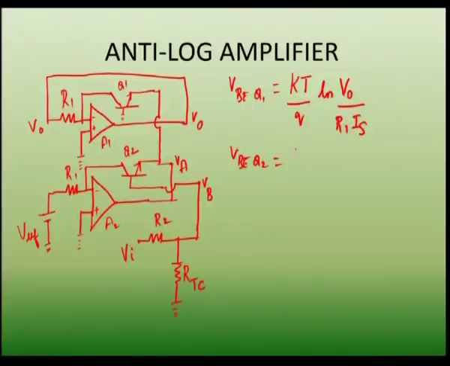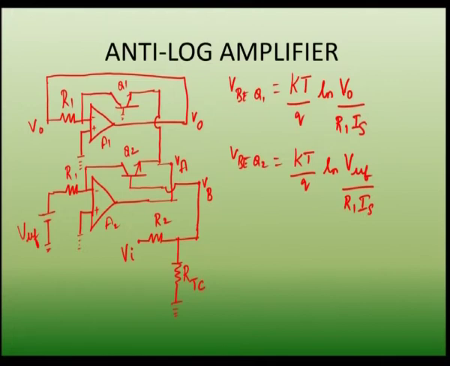And what is VBE of Q2? It is again kT by q natural logarithm of the input voltage of this particular circuit A2, which is V reference, so I am giving it as V reference by R1, the same resistance used here, and Is.